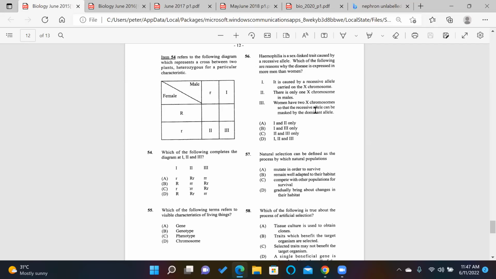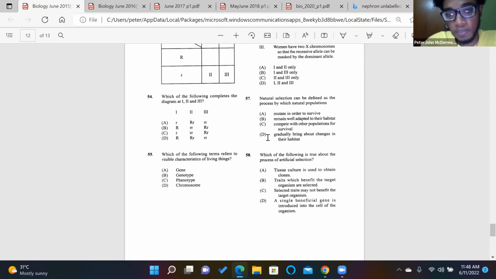X and Y. A woman can be a carrier for hemophilia, true or false? Remember when we said that? Yes, sir. So that's all this is saying. Even though you might have 1 recessive allele, you can also have another dominant one, which is masking it. So that's why 1, 2, and 3 is the answer. Okay. All right, great.